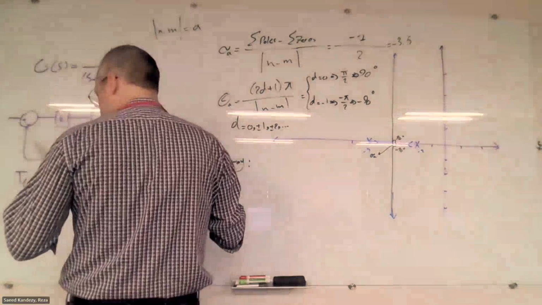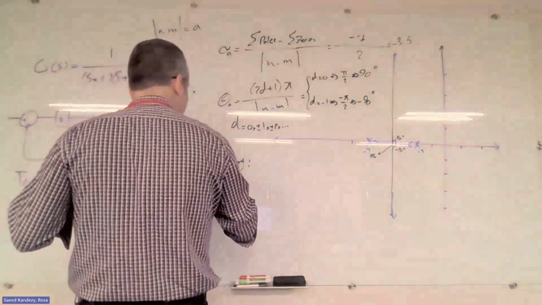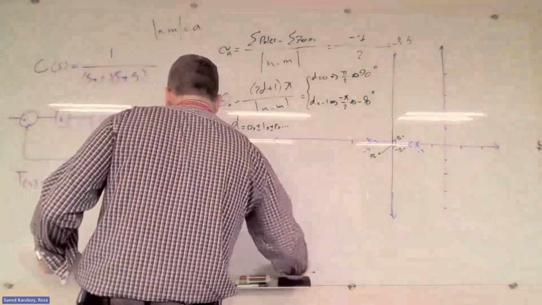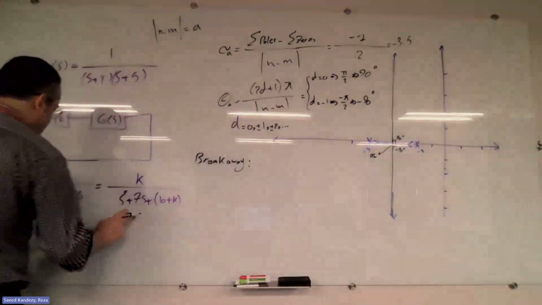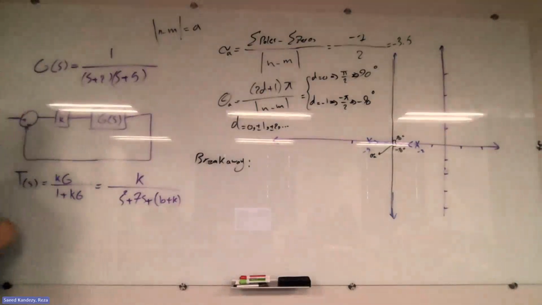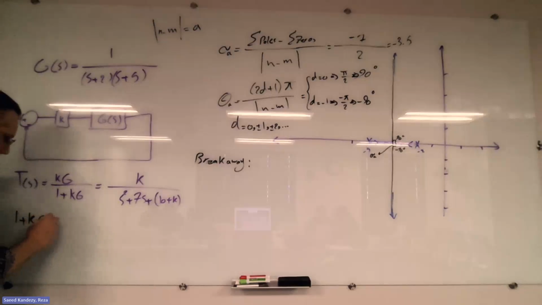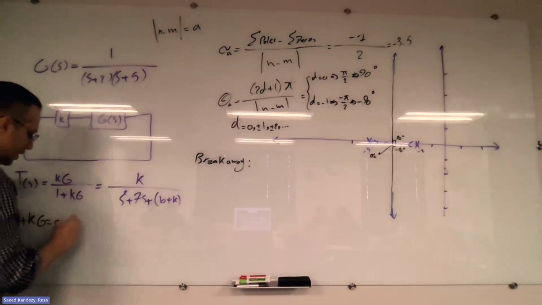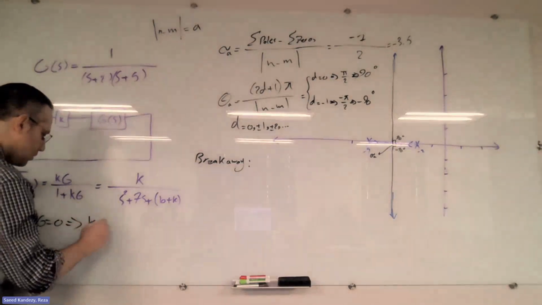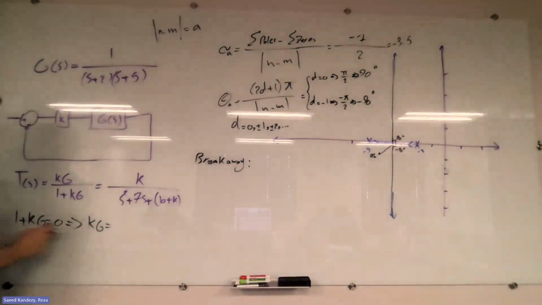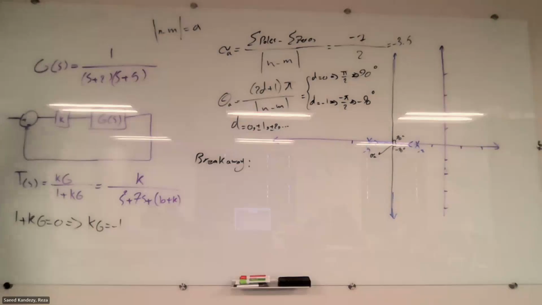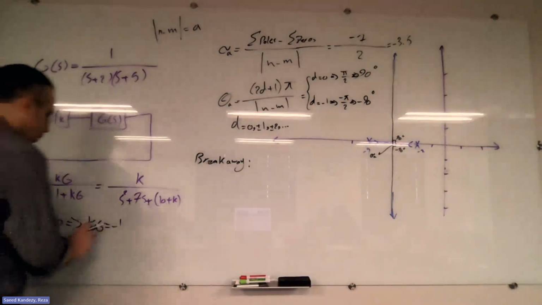Now let's go over to find the K based on the s. We know that 1 plus KG, if we want to have the poles, should be equal to 0. That means KG is equal to -1. Are we good so far? Now, what is KG?